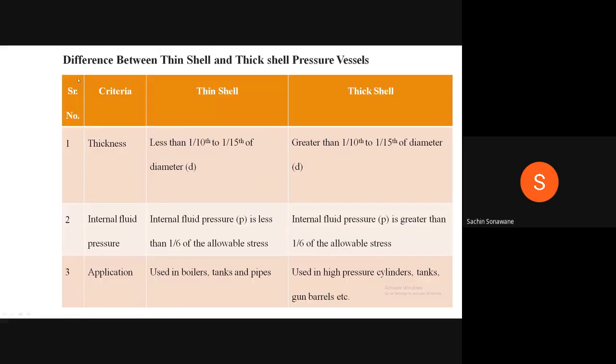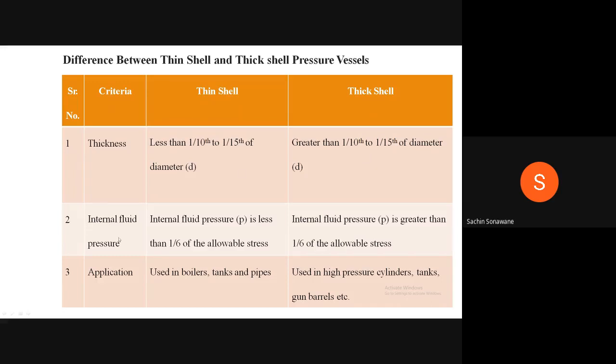Now, what is difference between thin shell and thick shell pressure vessels? First criteria is thickness. In case of thin shell, thickness is less than 1/10 to 1/15 of diameter. Diameter d is nothing but inside diameter of the pressure vessel. Then thick shell, thickness is greater than 1/10 to 1/15 of diameter.